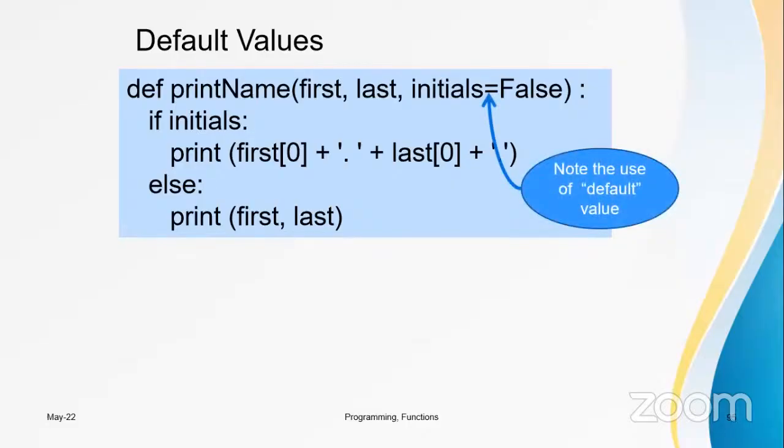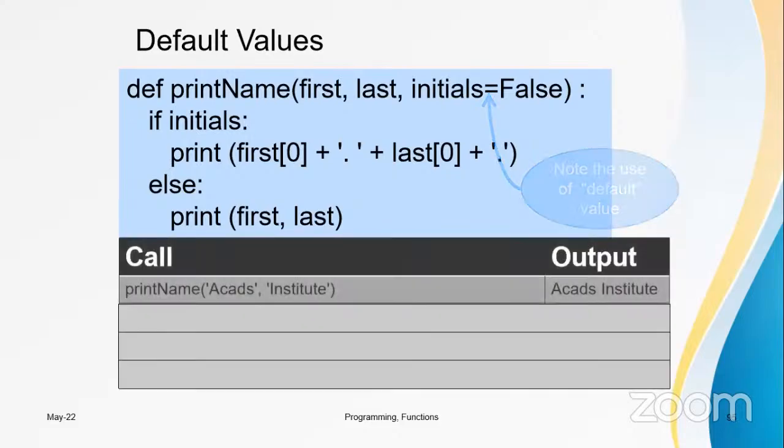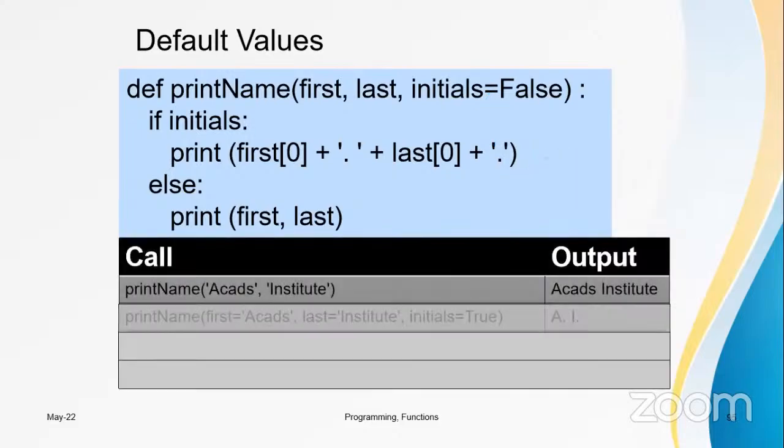I kept that already as a default case. Now, I have not given anything. By default, it has taken it as false, because I have written initial is equal to false. Therefore, it has taken initial as false. False means the full name will be created. So ACADS Institute.